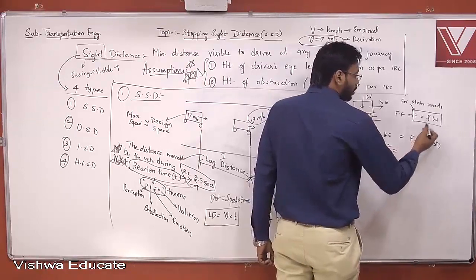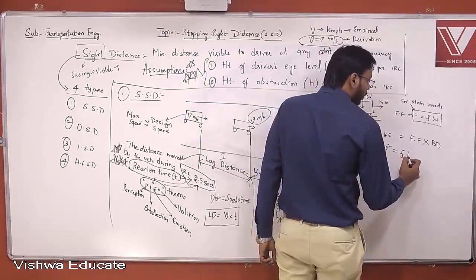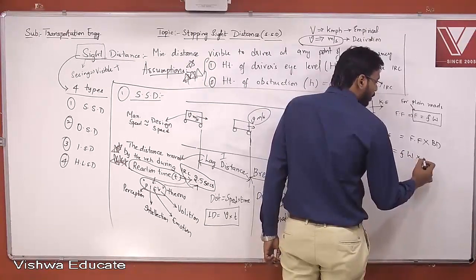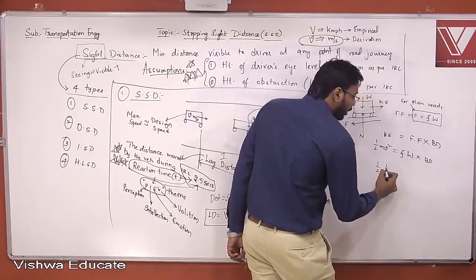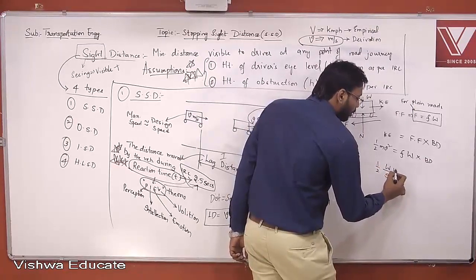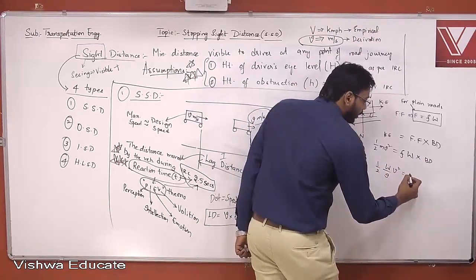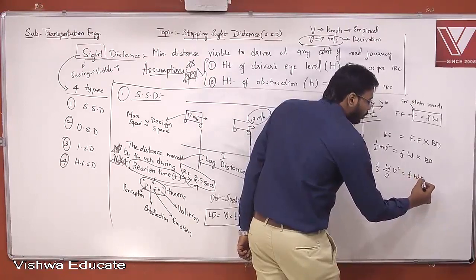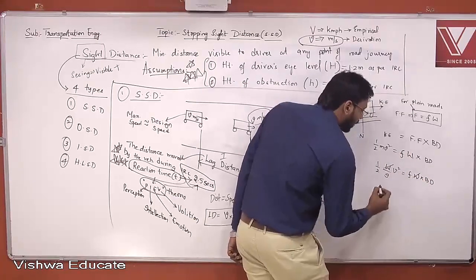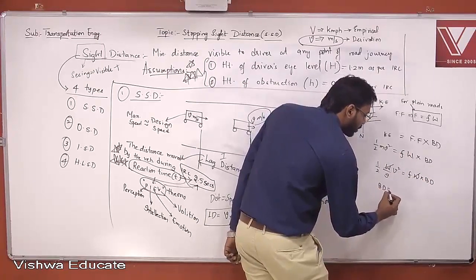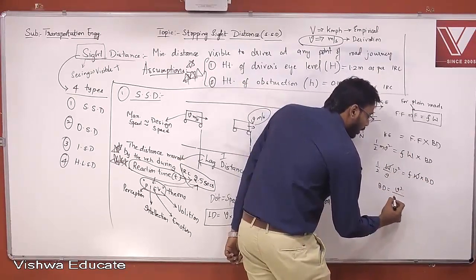And frictional force we have seen just now, F into W into braking distance. So half m can be written as W by g into V square is equal to F into W into braking distance. So this W and this W get cancelled, then braking distance is equal to V square by 2gF.